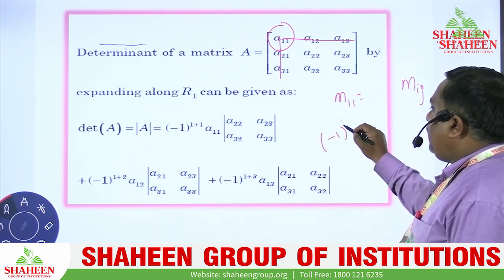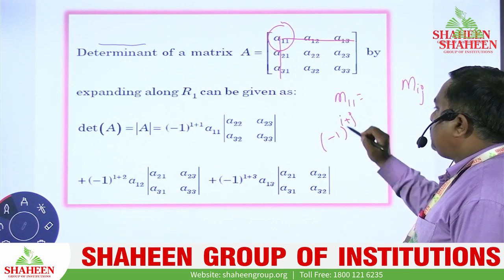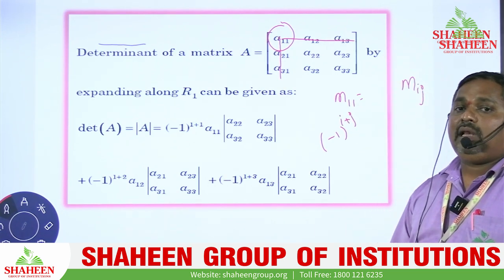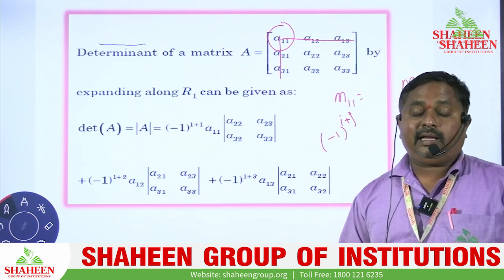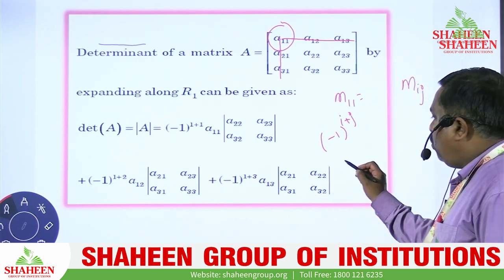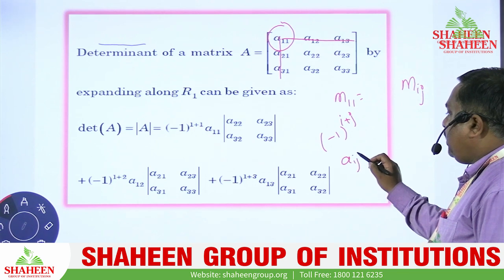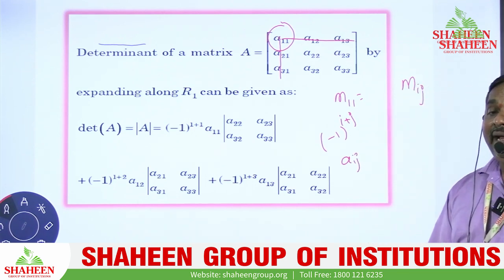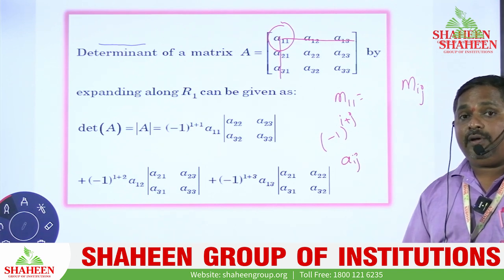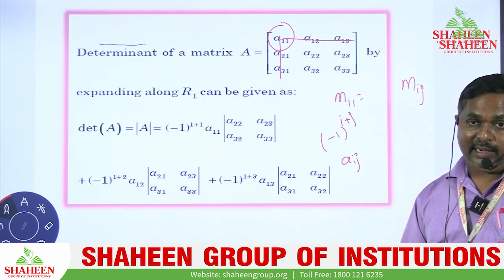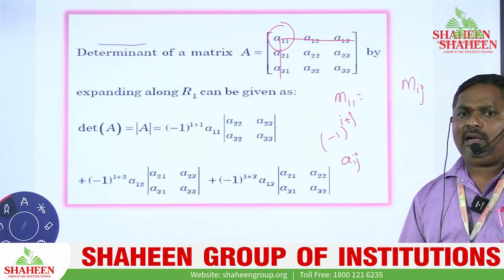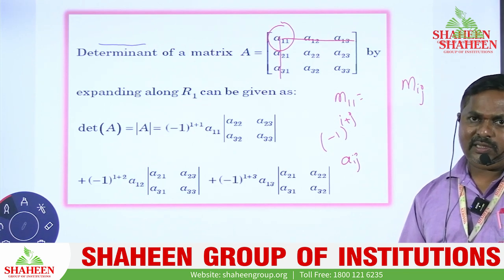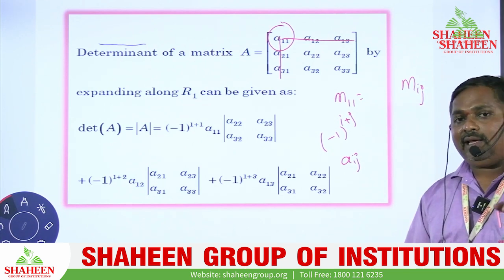Okay, if we multiply this minor by minus 1 power i plus j, we will get a cofactor of that element. What is the element aij? What is small aij? It is the position of an element in the given matrix, a particular element of the given matrix. aij means the particular element in the ith row jth column.